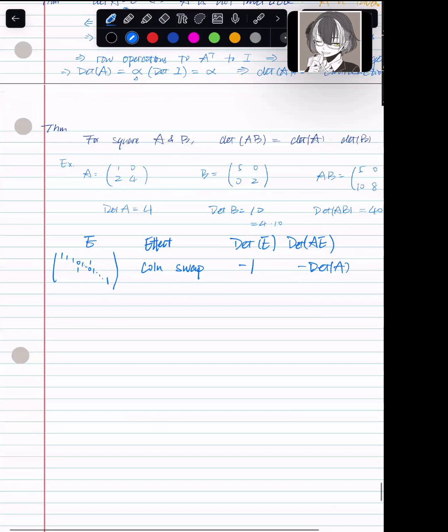Similarly, if we are doing the column scaling, then we're using an identity matrix and changing one of the entries on the diagonal to alpha.